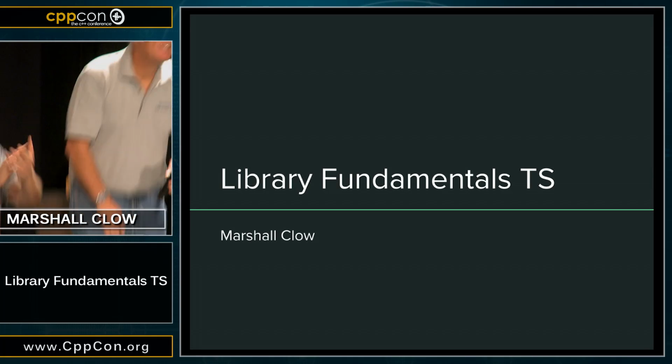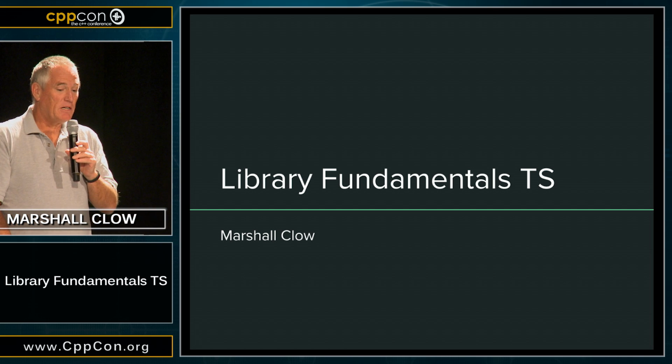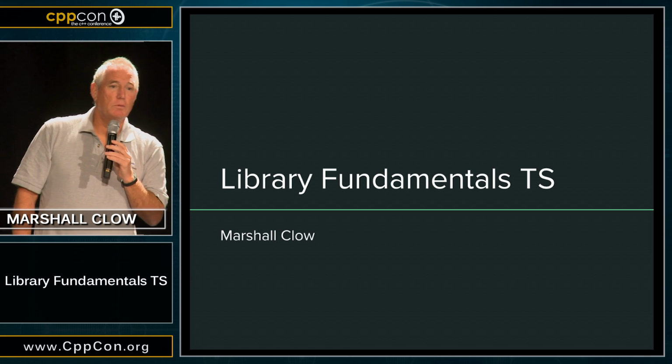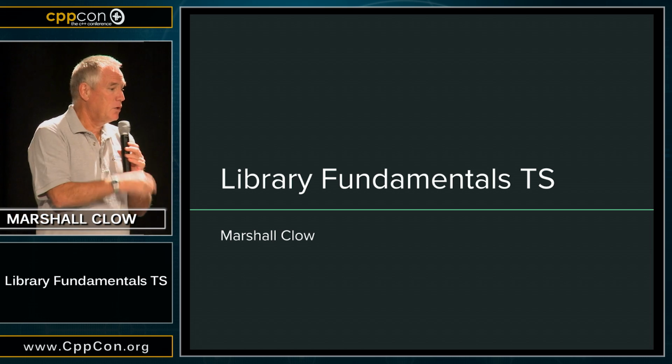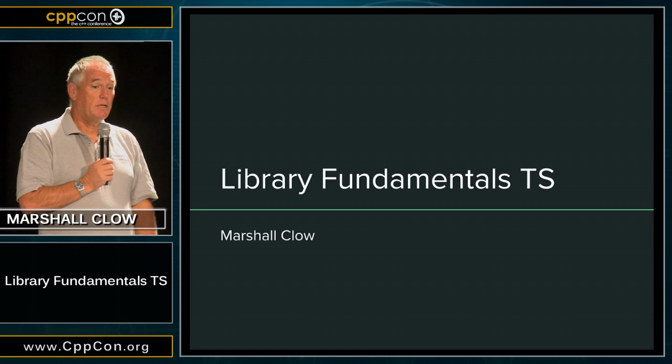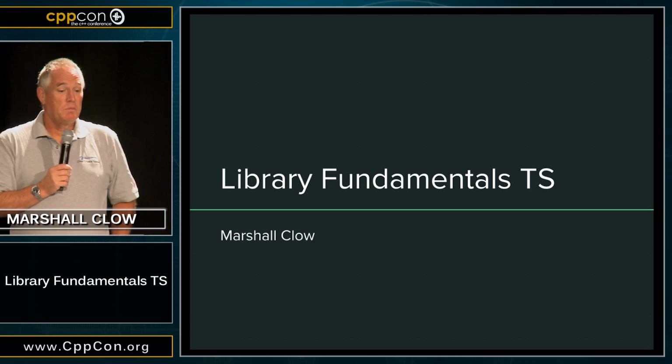We're going to start off with Marshall talking about Library Fundamentals TS. Thank you. Okay, the Library Fundamentals TS is kind of a follow-on to TR1 in the pre-2011 days. It's a collection of useful and desired improvements to the standard library that don't require any language changes.